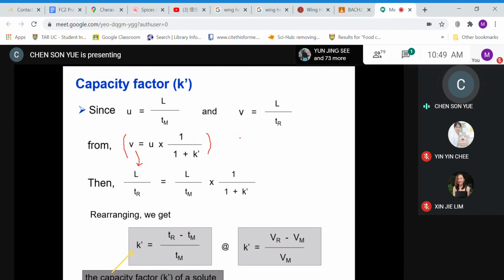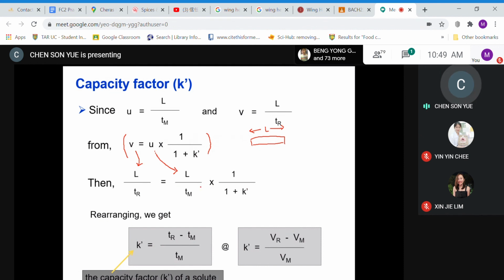L over TR is the sample speed. L is the column length. How long is the column? It is L. TR is the retention time. The mobile phase speed is L over TM. And of course, the rest remains, the 1 over 1 plus k here remains.